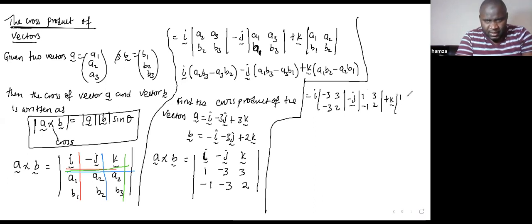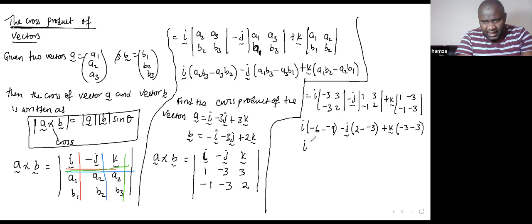K is 1, negative 3, negative 1, negative 3. So giving us i into negative 6 minus 9, minus j into 2 minus 3, plus k into negative 3 minus 3.